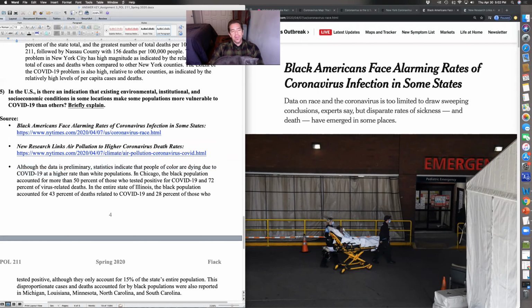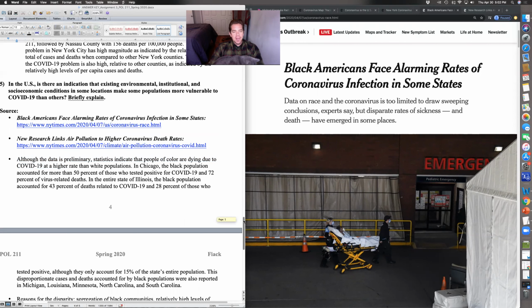So if you look, for example, just to provide some context to this issue of equity, if you look at Chicago, the Black population in Chicago accounts for about 50% of those who tested positive for COVID-19. So 1 in 2 people that tested positive are Black, and 72% of virus-related deaths.